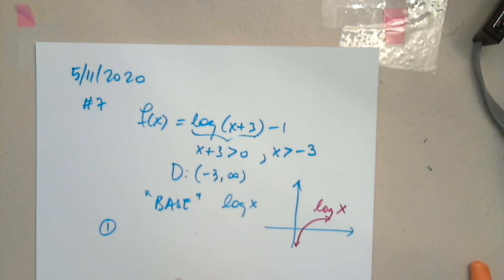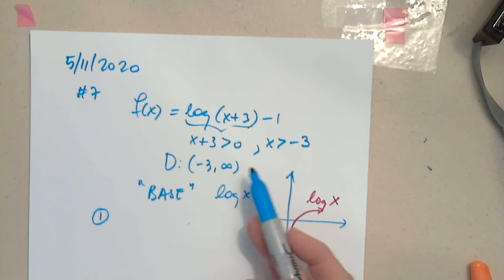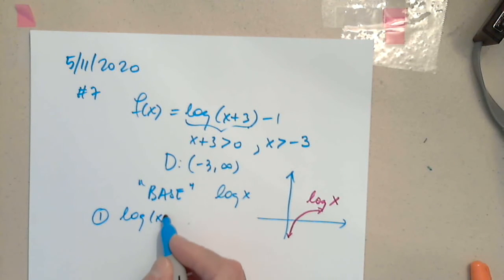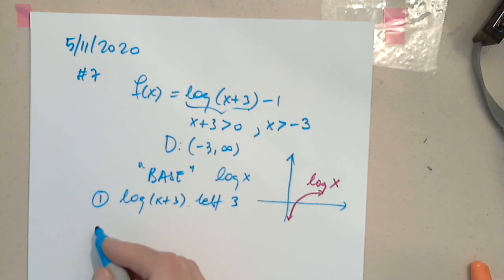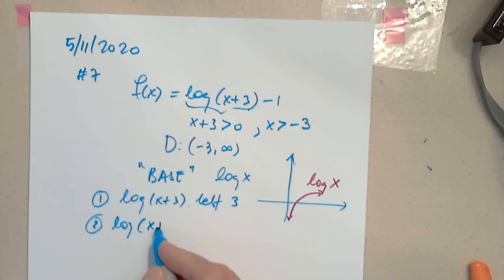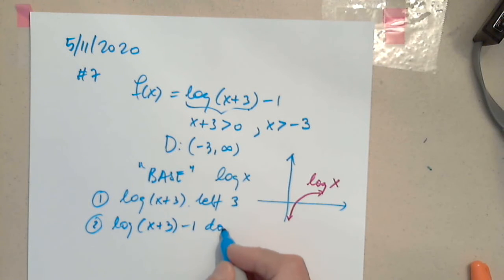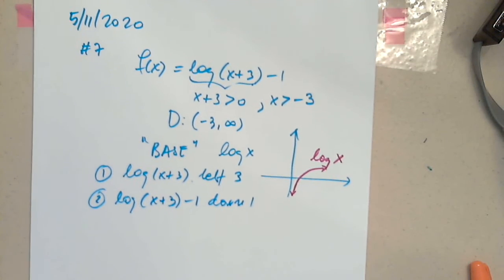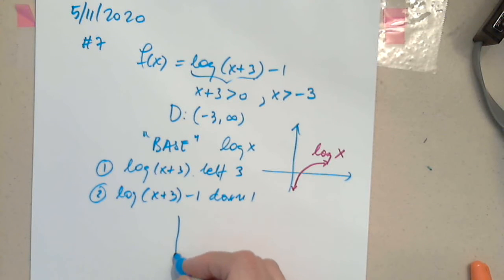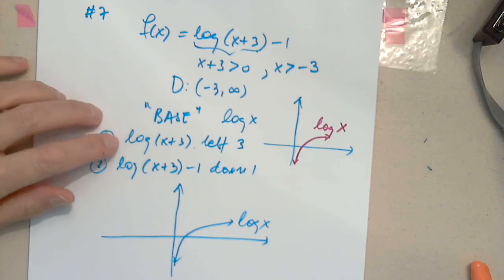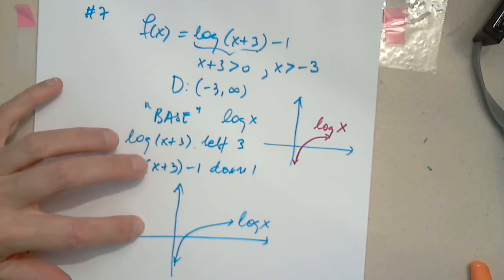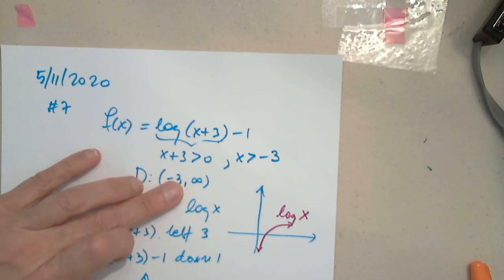Obviously, after that, I need a left shift. So log of (x plus 3) is left 3. And then number 2 is log of (x plus 3) minus 1, which is down 1. So having the graph of log x, the first transformation I have to shift 3 to the left, because I know now it's clear why.